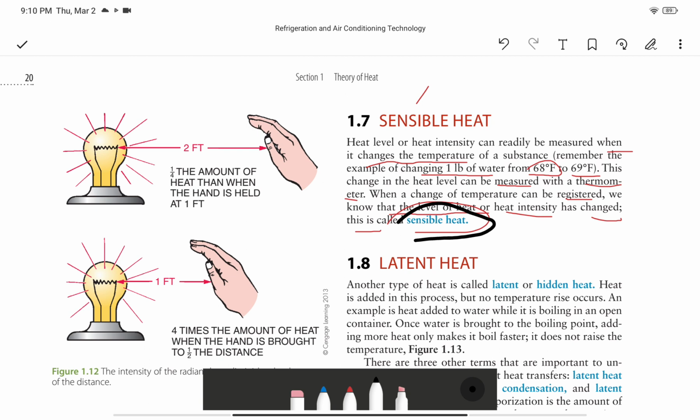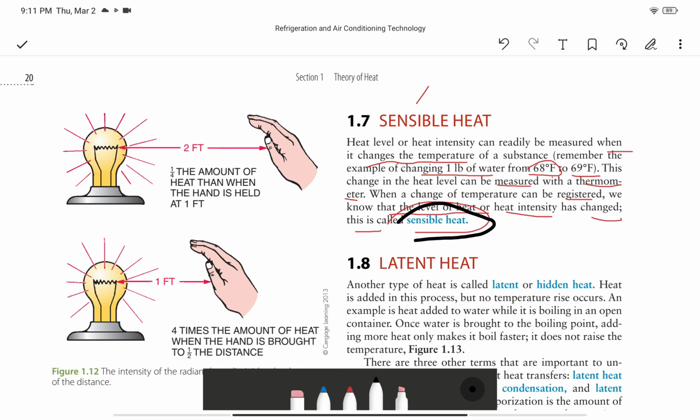Sensible heat can be applied also in air conditioning. When we study the psychrometric chart, we have also sensible heat there and latent heat. So we have actually the total heat in the psychrometric chart. But we will not touch that because we are in the refrigeration system as of the moment.